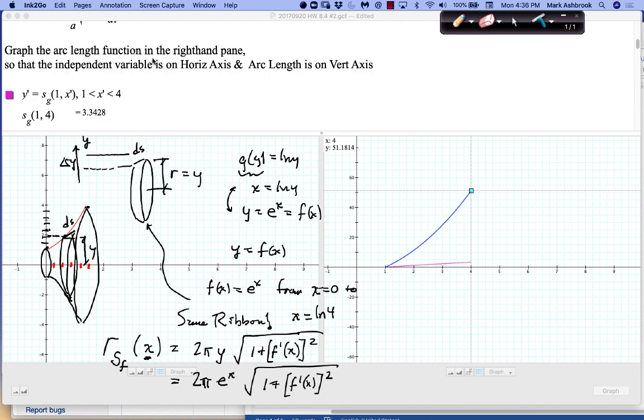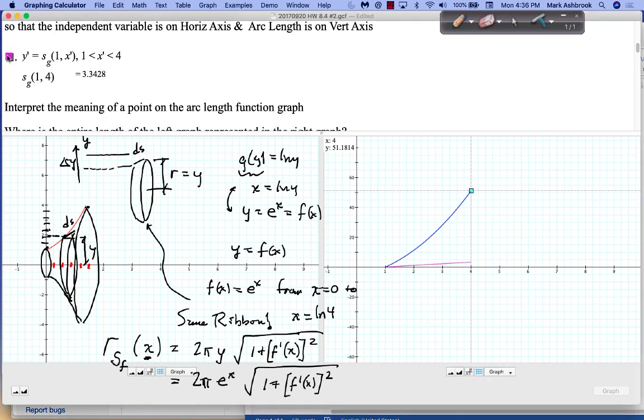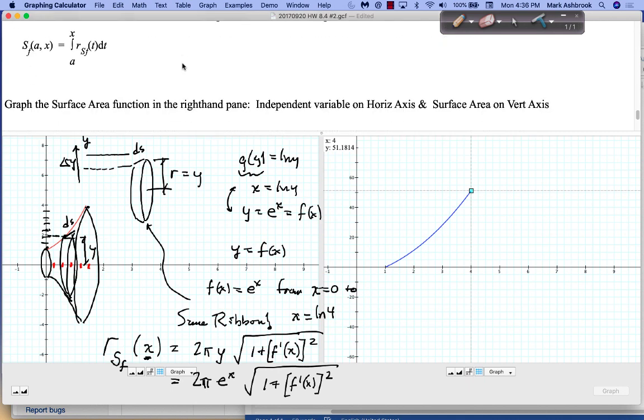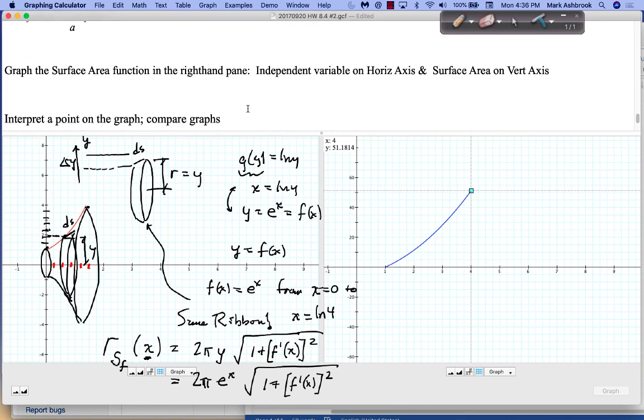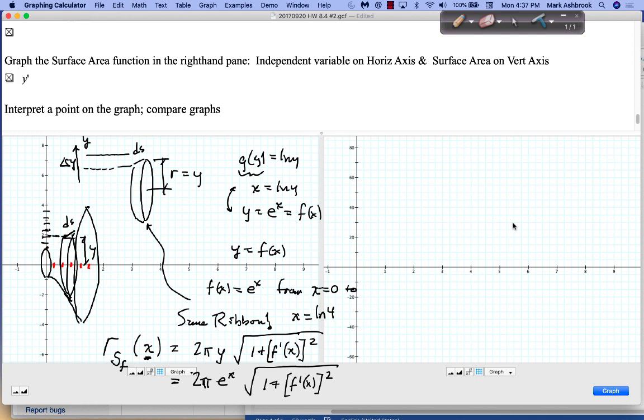Don't need that anymore. We're just talking about surface area now, so I'm going to turn that off. So we're going to graph the surface area function in the right-hand pane. And how do we do that? So we know we're going to use x prime and y prime to indicate we want it over here on the right. And so what do we want to put on the vertical axis?